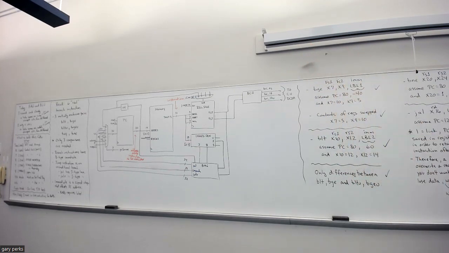But here, this whole thing acts as an immediate. So in this instruction, we're getting the immediate by taking this number out front and adding it to the contents of this register. So these two things are added together, and then that becomes your immediate. And that's what's going to provide the offset, to make the jump happen.